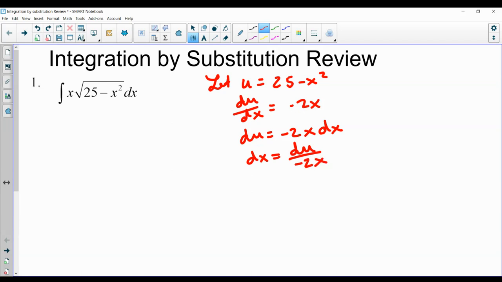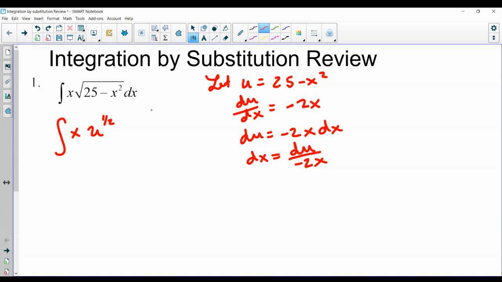Sometimes I jump steps from here to there, but all right, so now when I come over here, I'm going to have a huge bunch of replacements. This x is still there. Now, instead of having this to the 1/2, I now have u. So it's u to the 1/2.